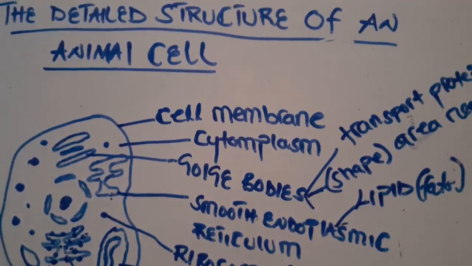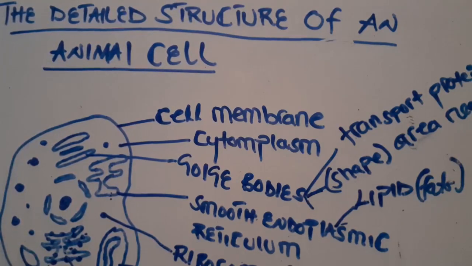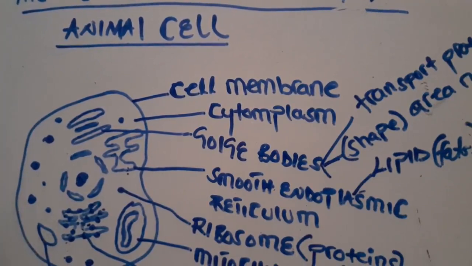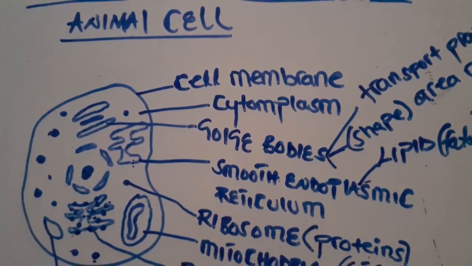So what is the difference? The difference between a detailed structure of a plant cell and an animal cell is a cell wall. When we add a cell wall to this animal cell, it becomes a plant cell, as well as the chloroplast. But don't worry, we'll discuss these.